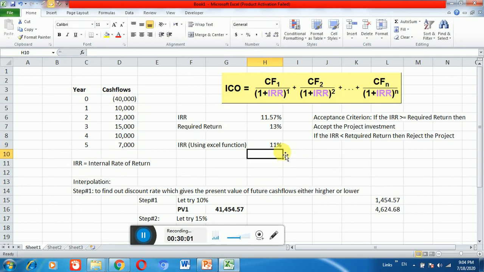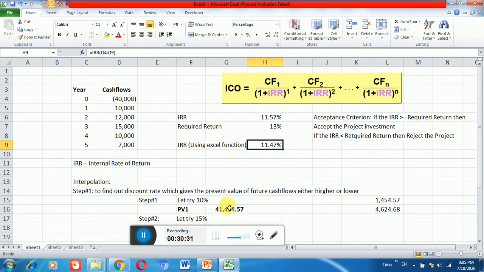Look, 11%, and just check the decimals here, and that is exactly 11.47, or in our case 11.57%, as we have done it manually, and that is why some decimals we have not taken in our calculation. Here on the computer, the result is directly 11.47. This is the way if you want to use the Excel function.